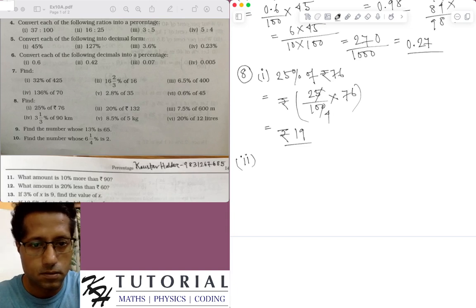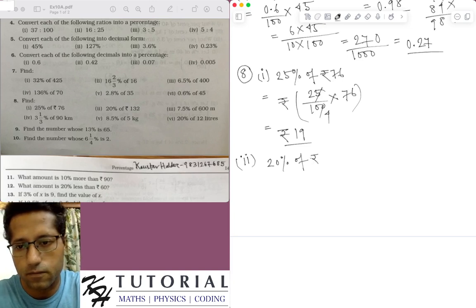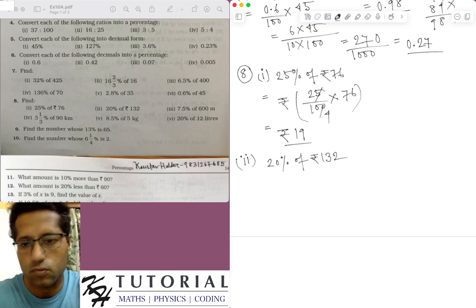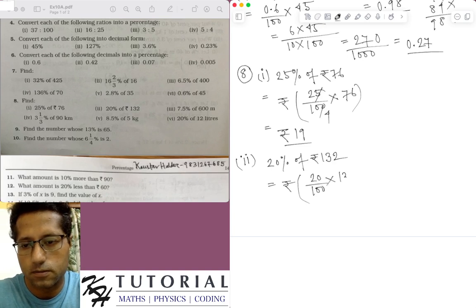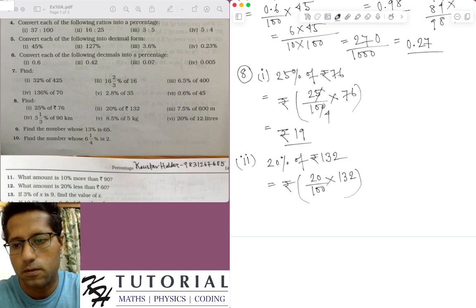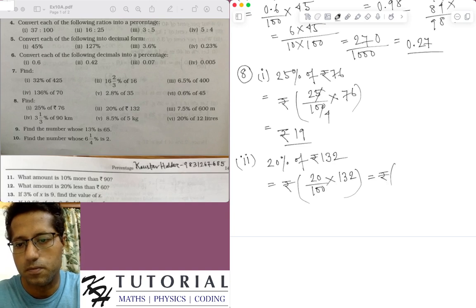Part 2 is 20% of rupees 132. This equals rupees 20 by 100 multiplied by 132. This is rupees 5.